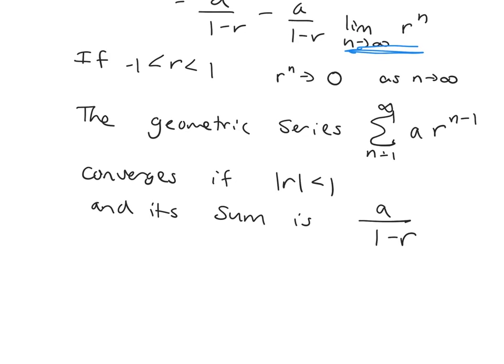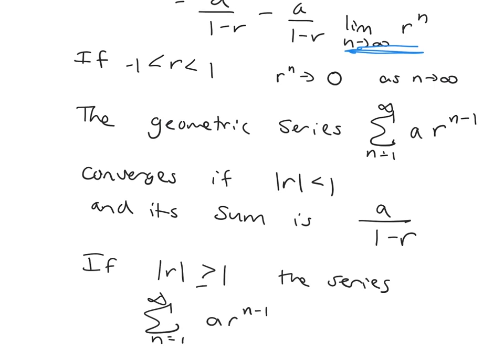Otherwise, it diverges. So if the absolute value of r is greater than or equal to 1, the series from n equals 1 to infinity of a r to the n minus 1 diverges.